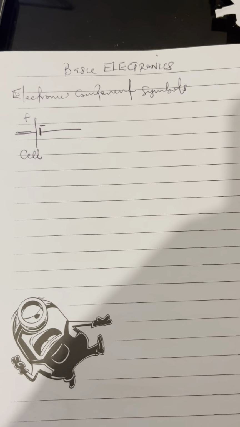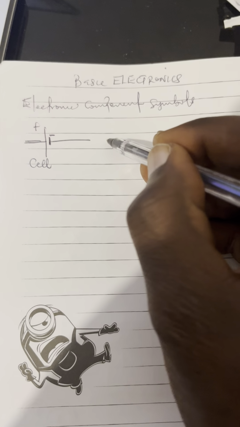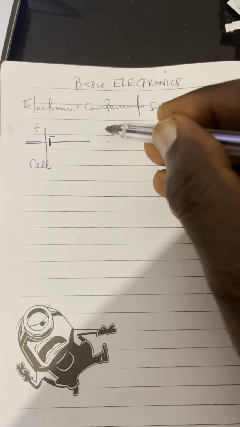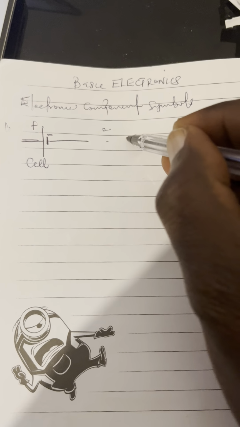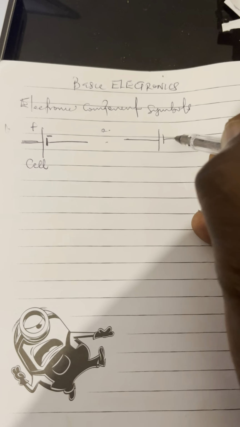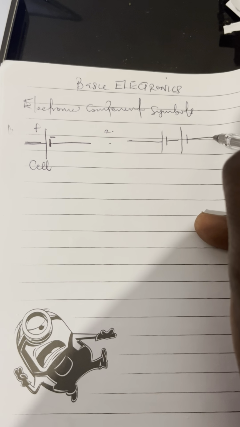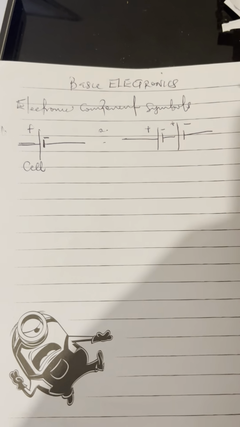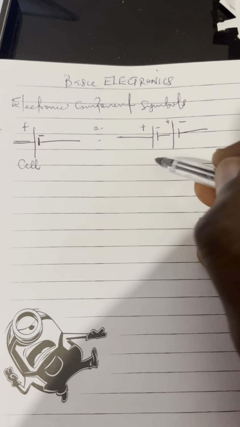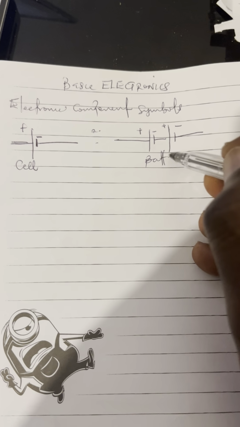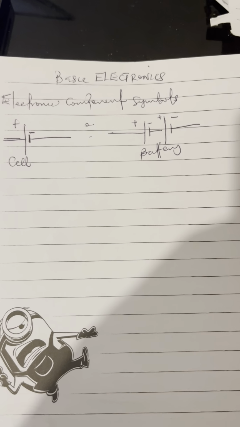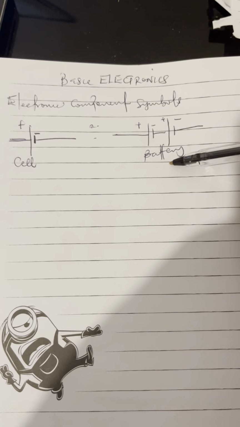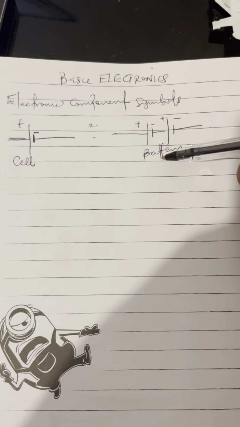Then when you have something like this, let's say about 1 over 2, with plus signs, these are a combination of cells, which is called a battery. The combination of two or more cells is called a battery. This is the symbol of a battery.